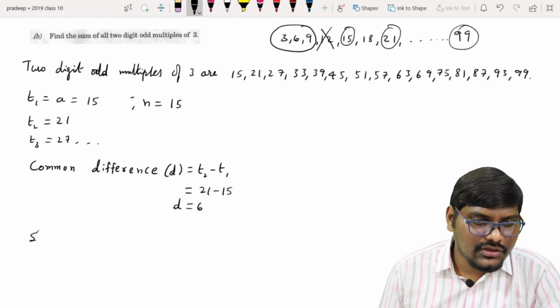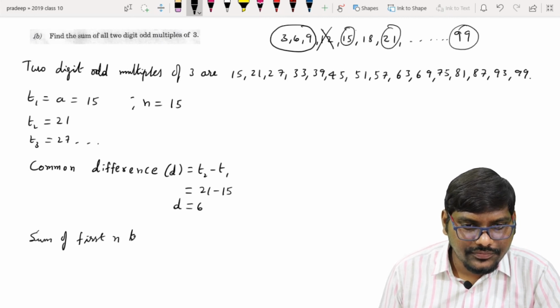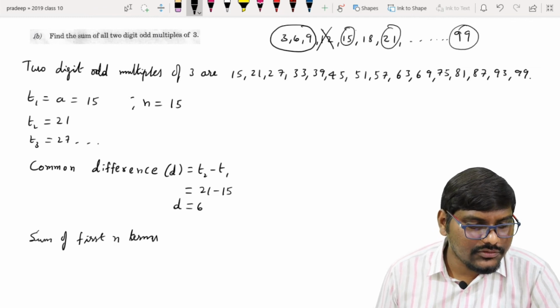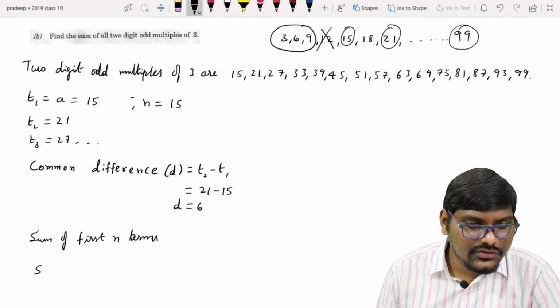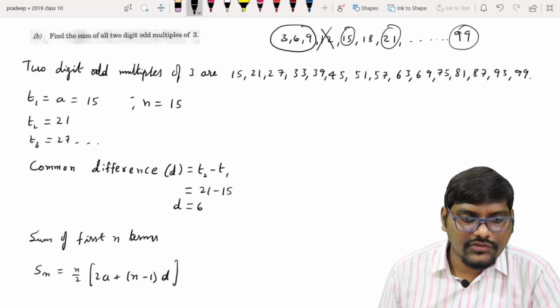Sum of the first n terms: Sn equals n by 2 into (2a plus (n minus 1) into d). This is the formula.